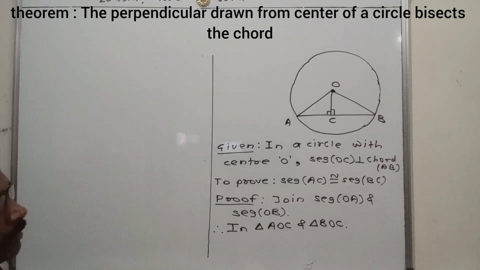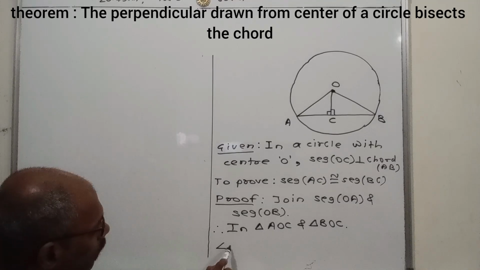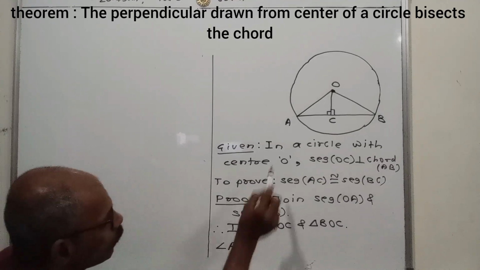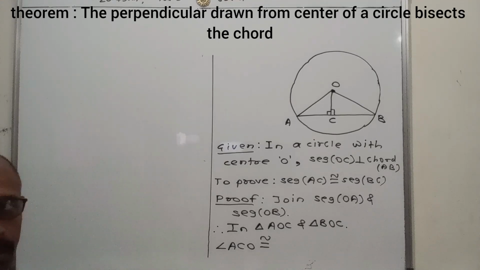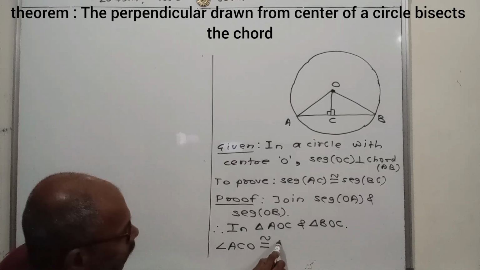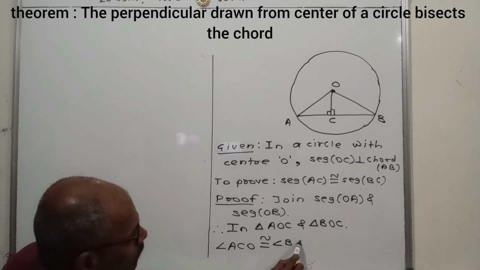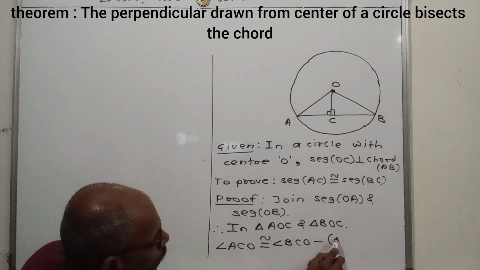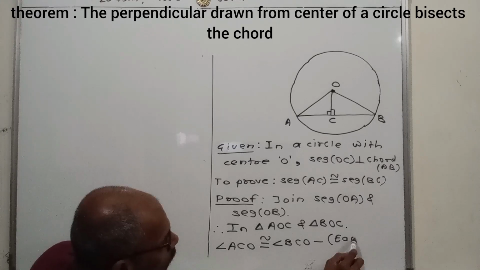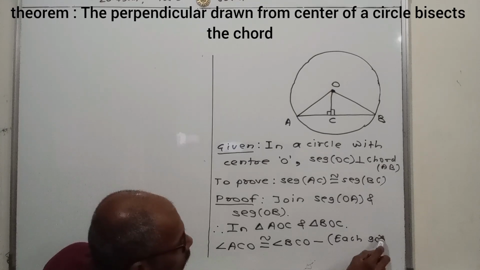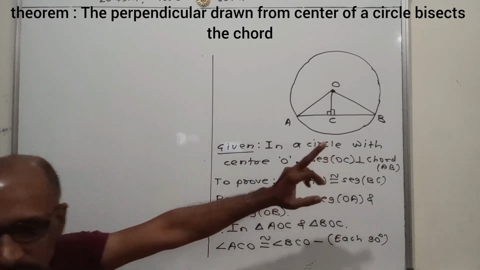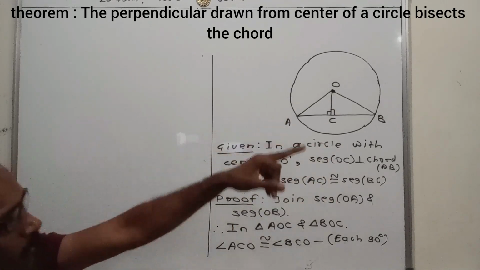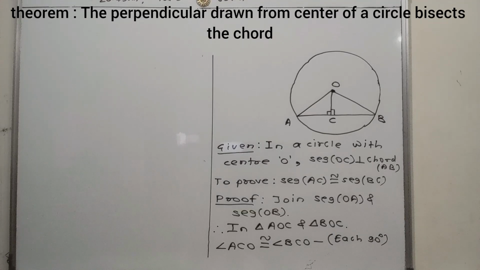Didi, angle ACO, very good, congruent to angle BCO is 90 degrees, from given segment OC perpendicular to chord AB.